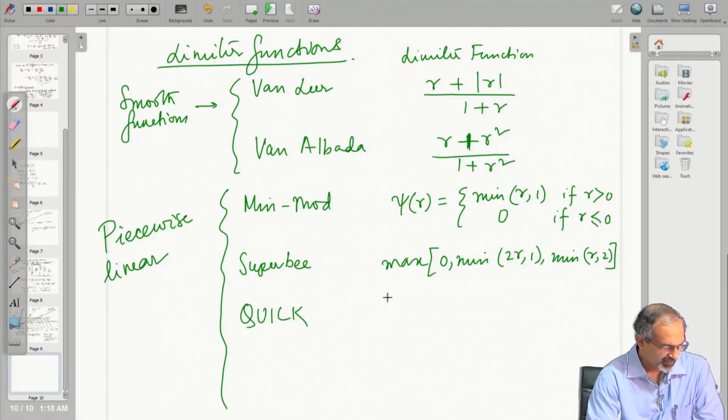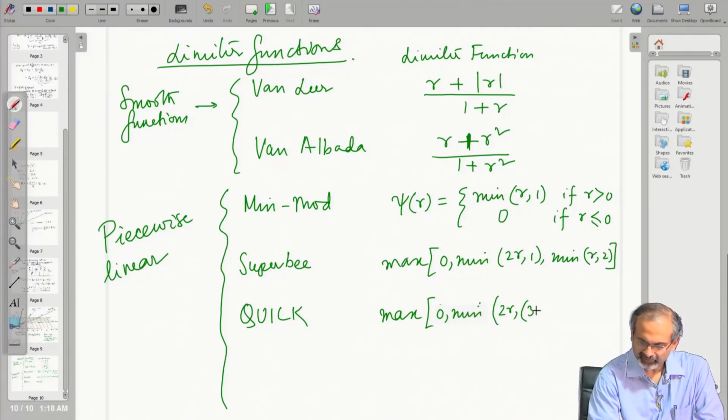So, if you want to assign TVD property to QUICK, then you have to associate certain limits within which it operates.